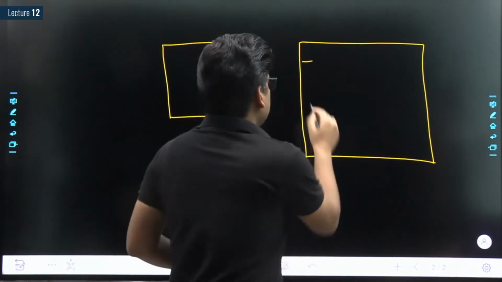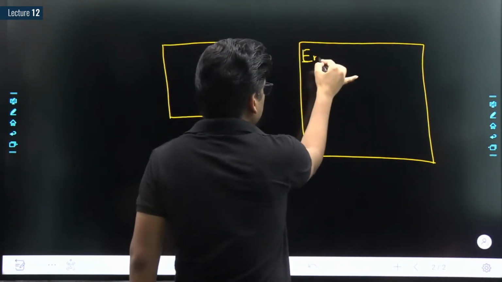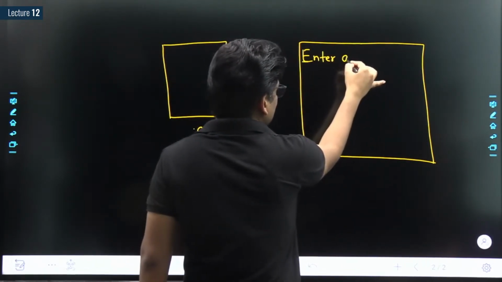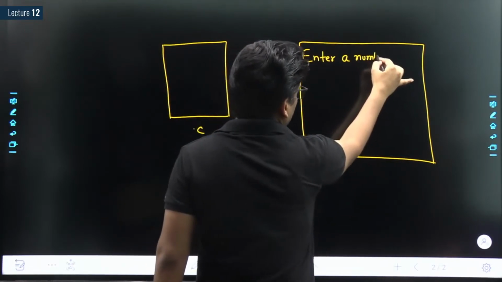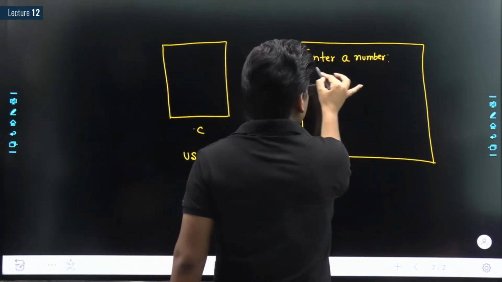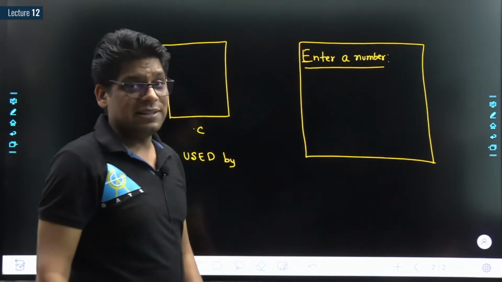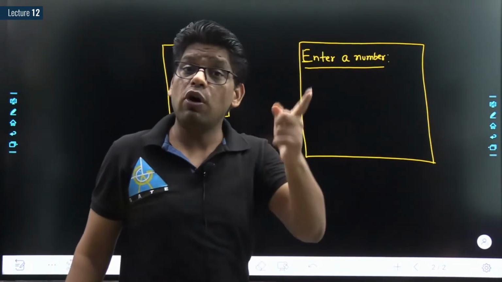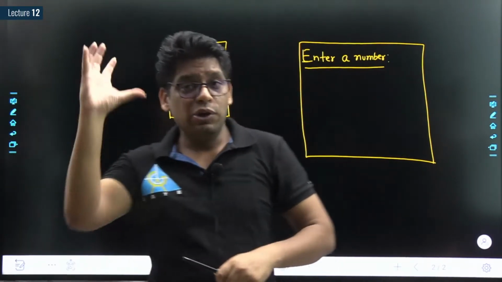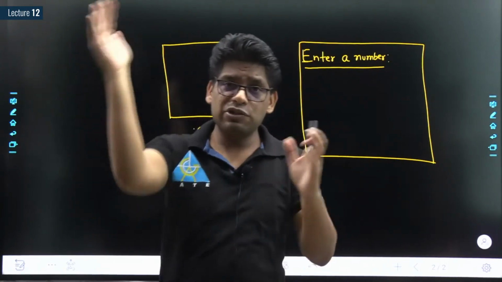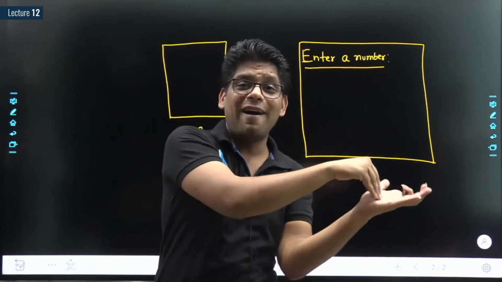But if there is a message like this, enter a number, by looking at this message, the user of your program, see, you are a programmer now and someone is using your program.